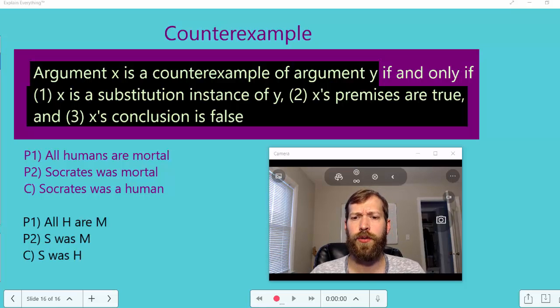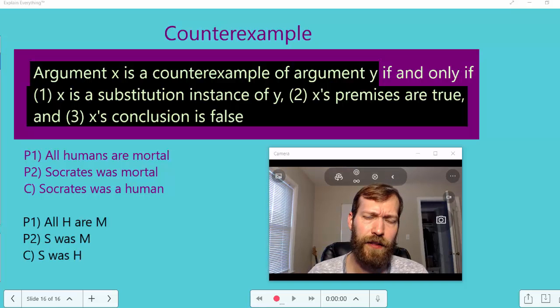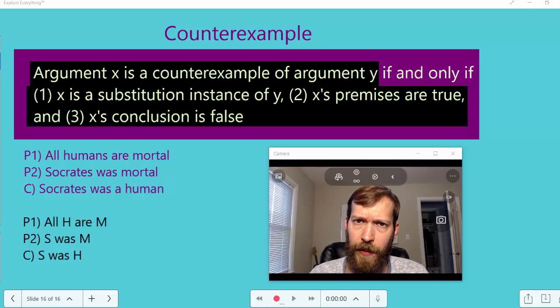Well, why those latter two conditions? Why 2 and 3? Well, think about the definition that we've been using for a valid argument. An argument is valid if and only if, if all the premises are true, then the conclusion must be true. But if we can construct a counterexample, we end up with an argument whose premises are true, but its conclusion is false.